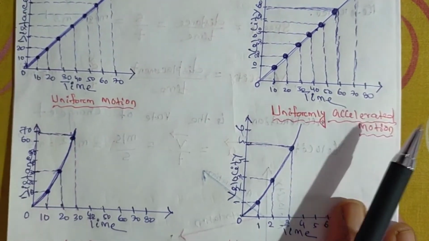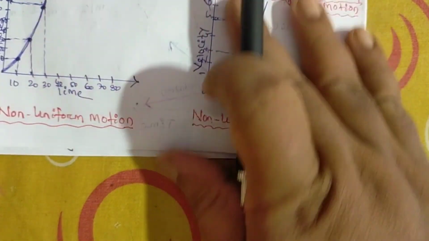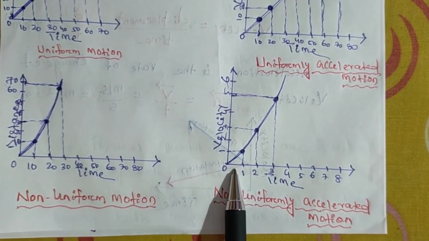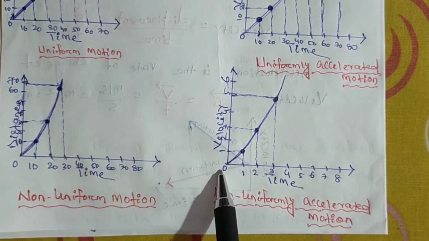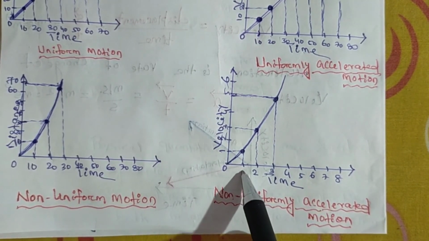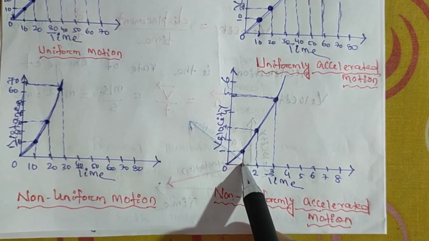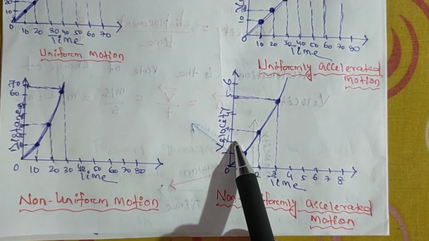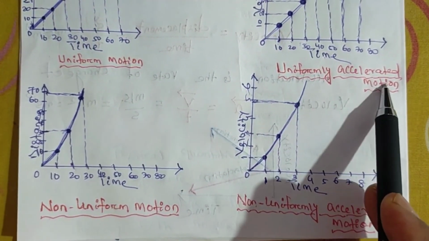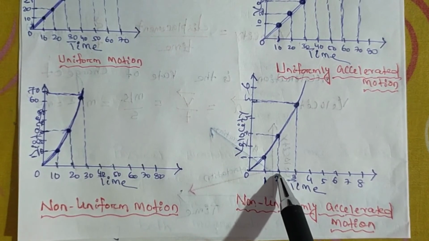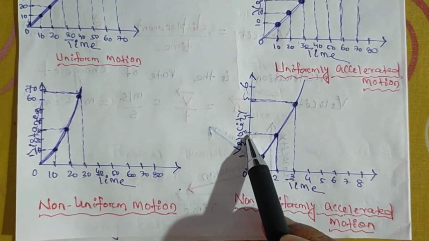In case of a non-uniformly accelerated body, see this graph, time in the x-axis and velocity in the y-axis. What happens? Suppose in 1 second the body covers 1 kilometer. In 2 seconds it should cover 2 kilometer if it is uniformly accelerated motion, but though it is non-uniformly accelerated motion, in 2 seconds it covers distance 3 kilometer.